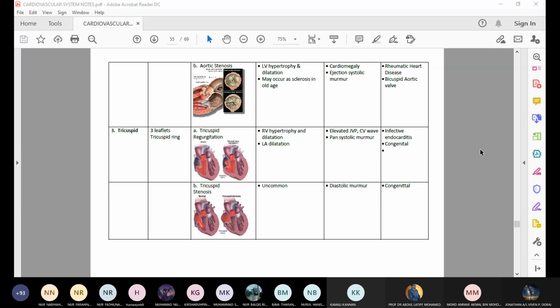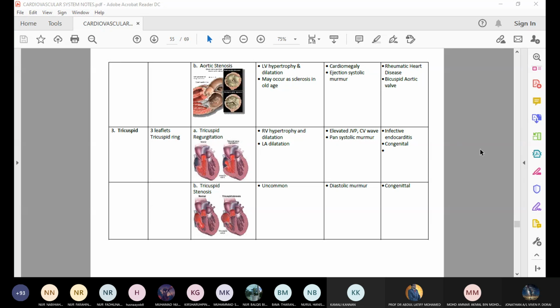Okay. So these are the 4 conditions that are important for you to know in the left side of the heart, which involves the mitral and aortic valve.